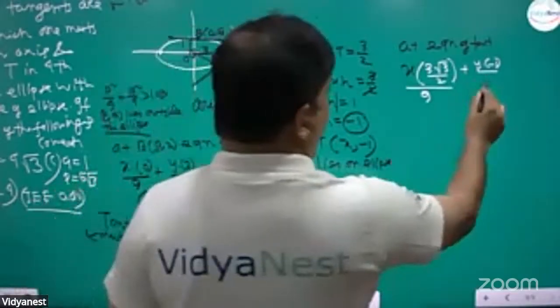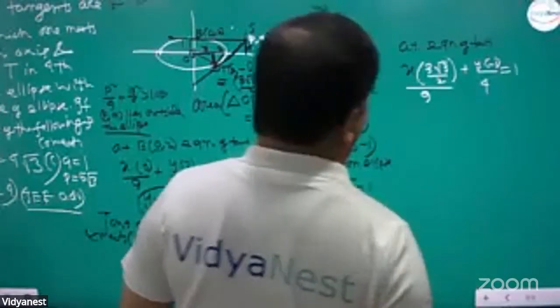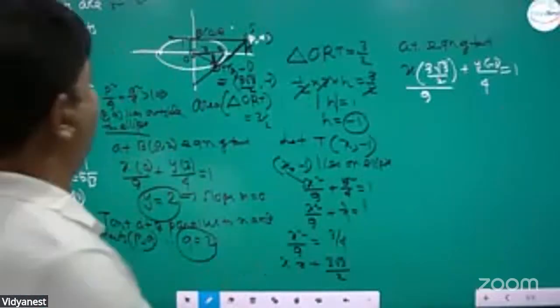Be careful in putting that. Now this is the equation of the tangent at T.